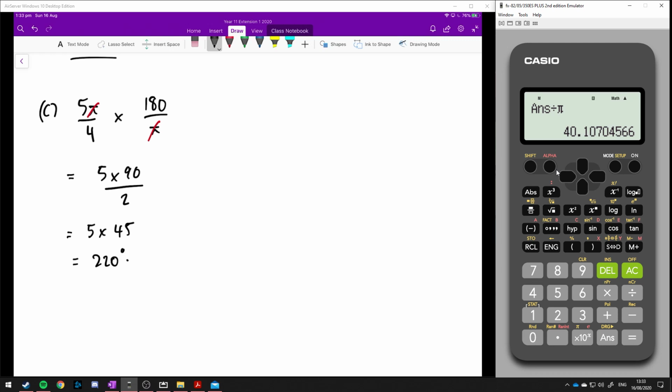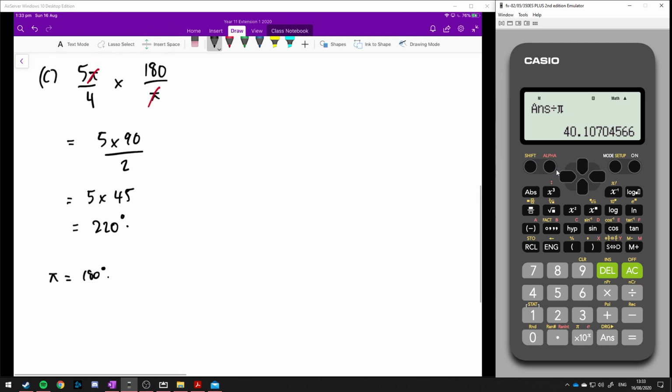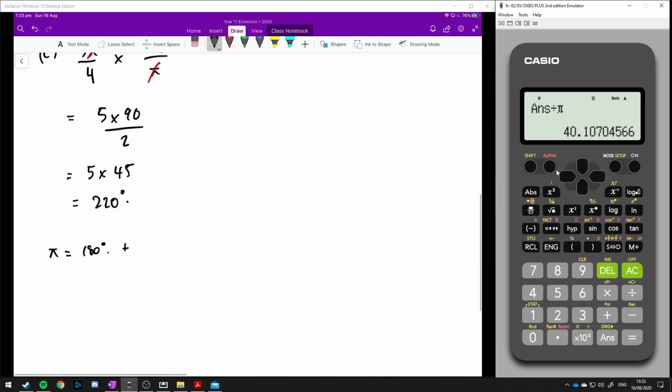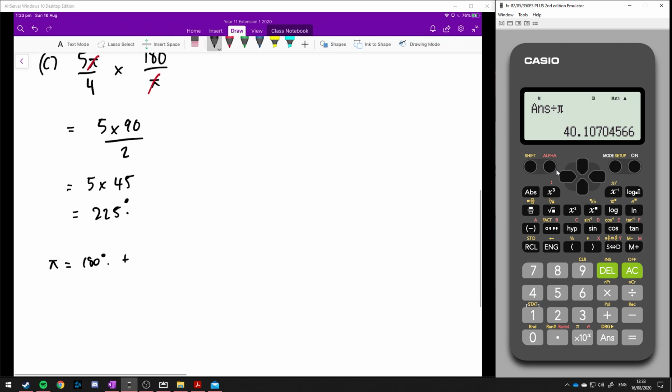And that makes sense too, because we know that pi is equal to 180 degrees, okay, and if we add, oh no, not 220, it should be 225. That makes more sense. Yeah, half of 450 is 225. And if we add 45 degrees, which makes more sense as well, we get 225 degrees.